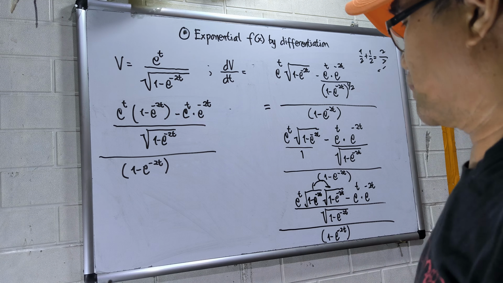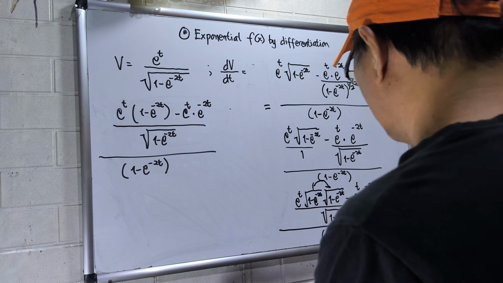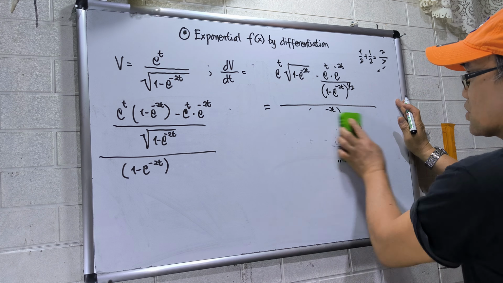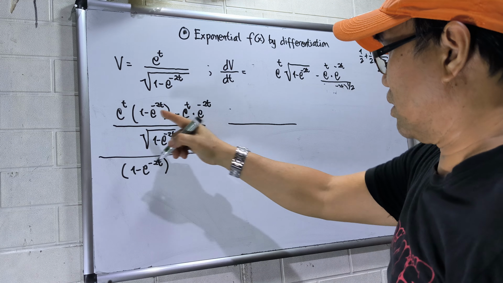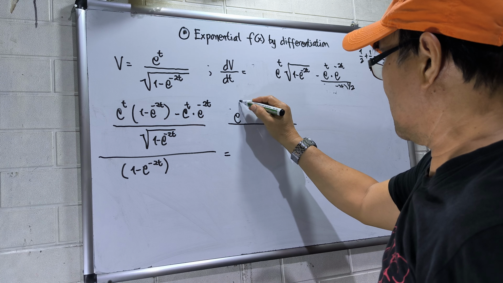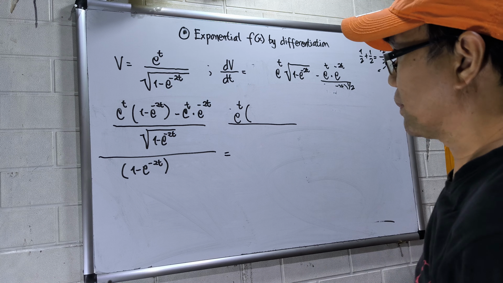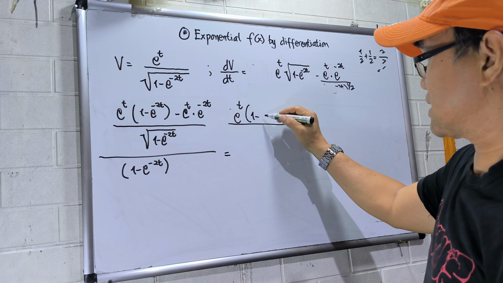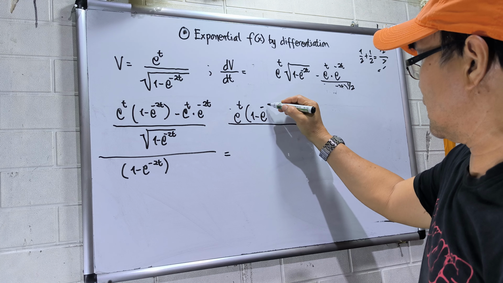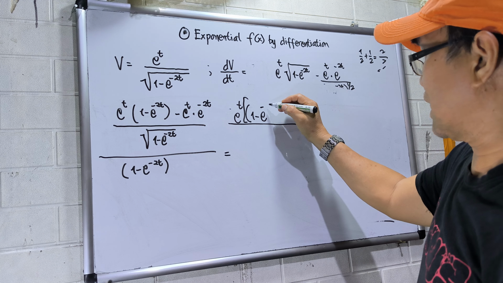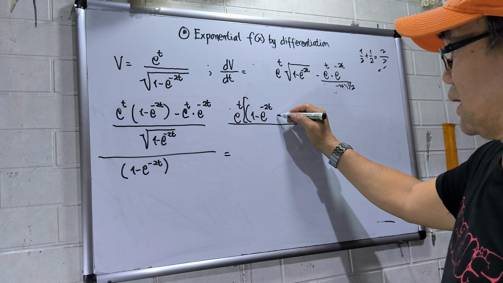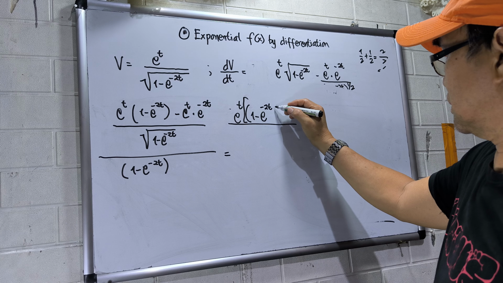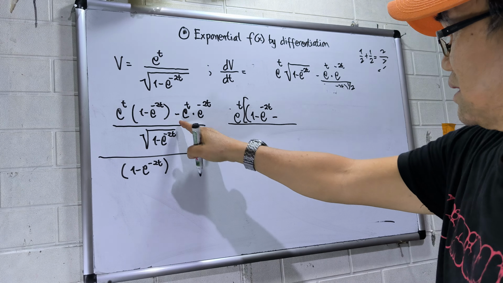Okay, so common for the numerator. Allow me to erase this portion. So common is e raised to the t. Then this will be 1 minus e raised to the negative 2t, and then this one will be minus, right?